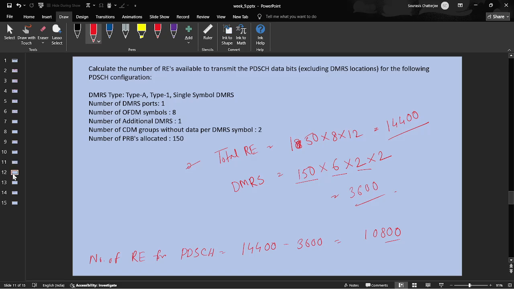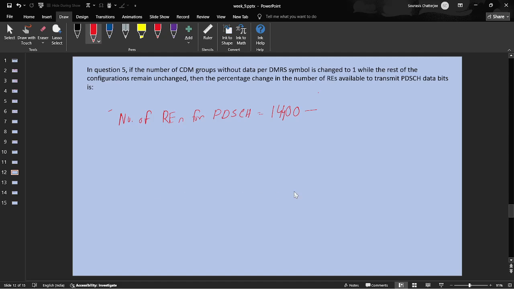So here my number of CDM groups changes to 1. The 2 here refers to DMRS symbols and the other 2 comes from the number of CDM groups. And now it should change to 1. So it would be now 150 times 6 times 2 times 1.